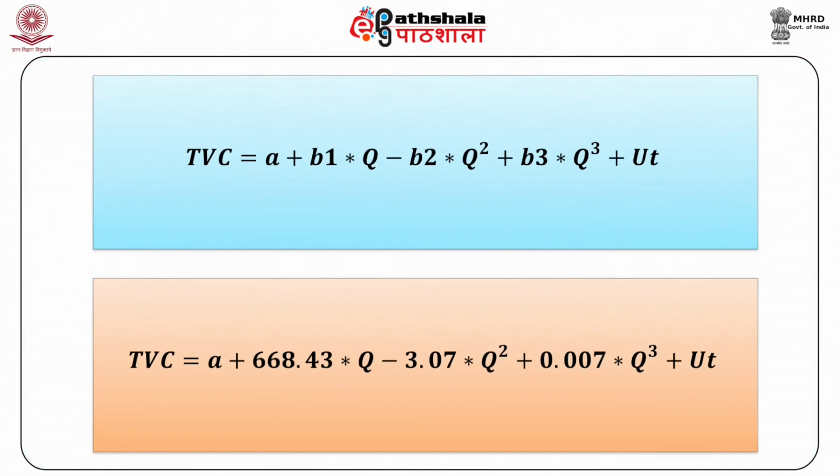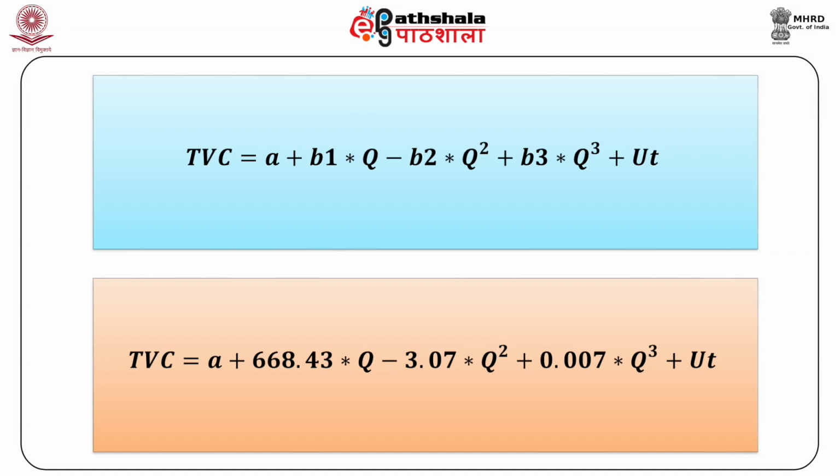TVC is equal to A plus B1q minus B2q squared plus B3q cubed. We have fitted a total variable cost curve, and the equation reads: TVC is equal to the intercept 29709.81, then the linear coefficient 668.43, which is positive.